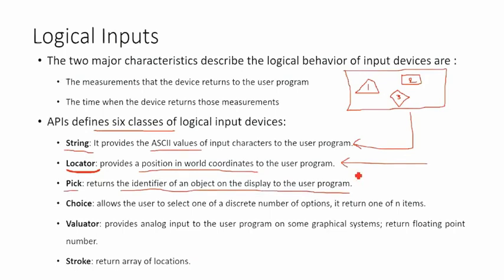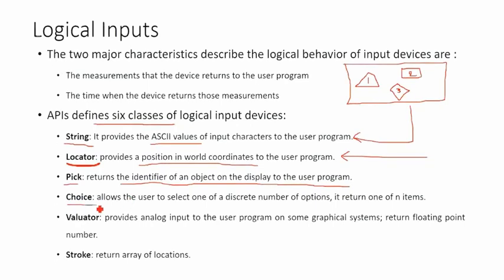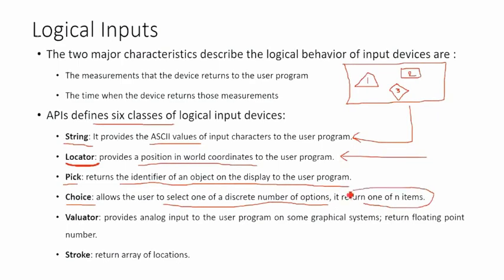Then we have choice. This choice allows the user to select one out of many discrete options. These options need not be numeric, they can be any different options. So basically it returns one selection from the user out of a list of n, right?